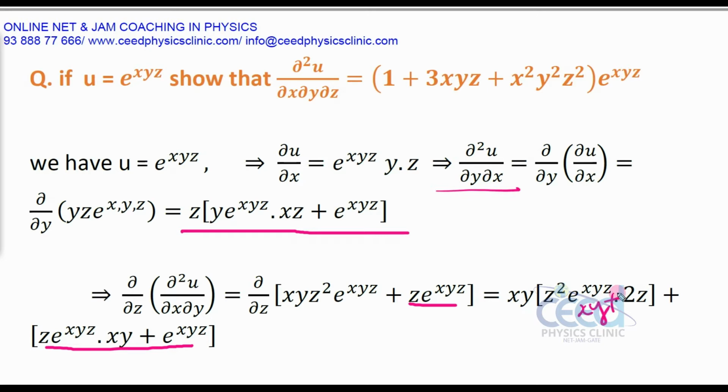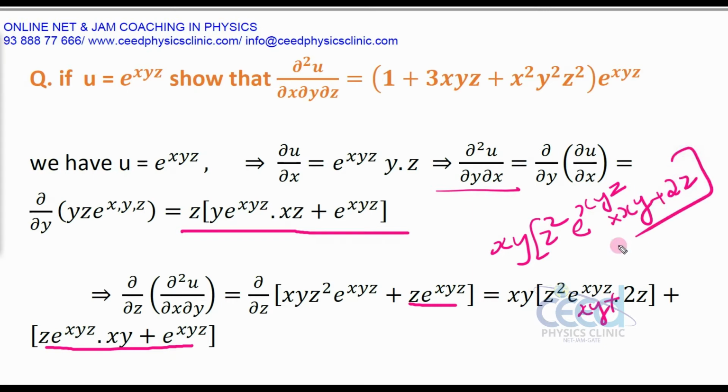Okay, so this is xy z square e raised to xyz into xy. With respect to z I am doing, so when I do this xy will be a constant, plus 2z. Okay, plus this term.